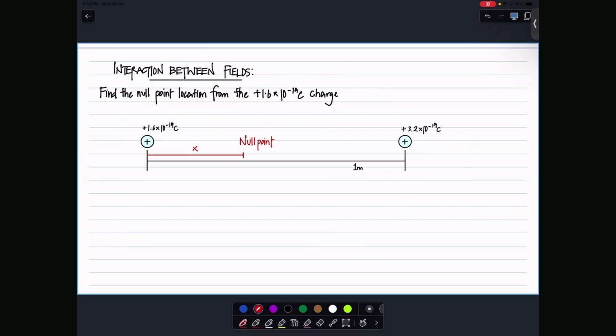Zero point three. How did you do that? Don't guess it. 0.414, that sounds more appropriate. 0.32.